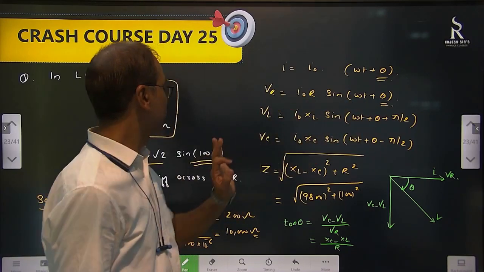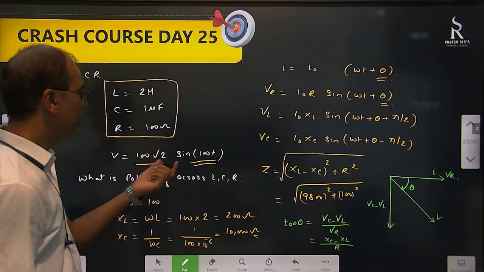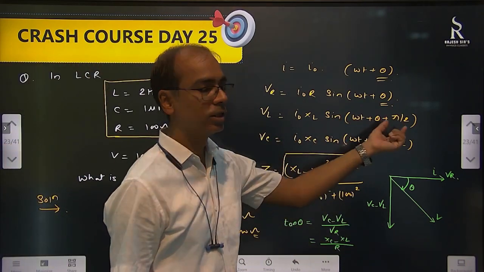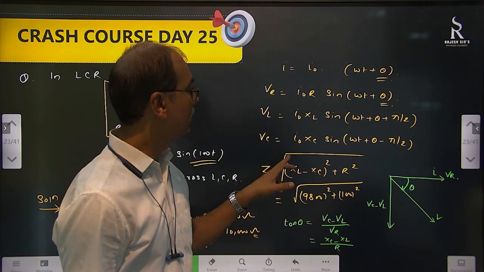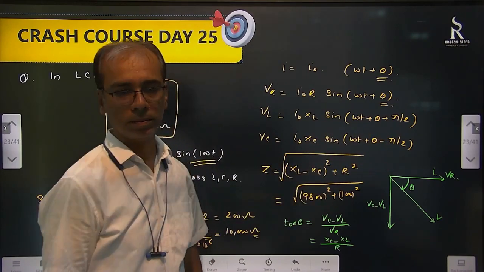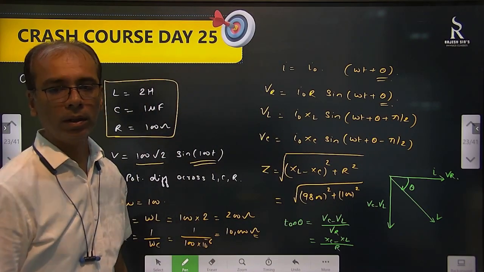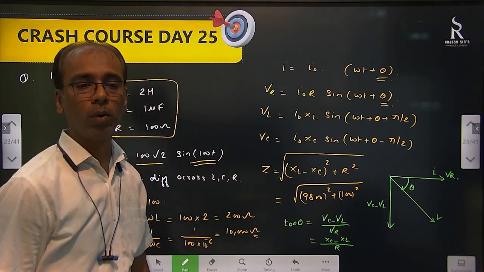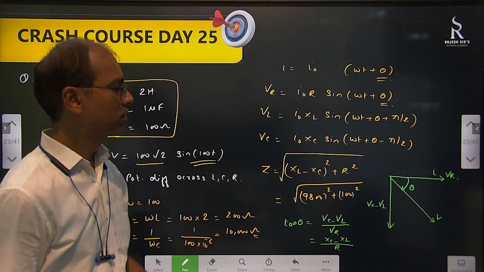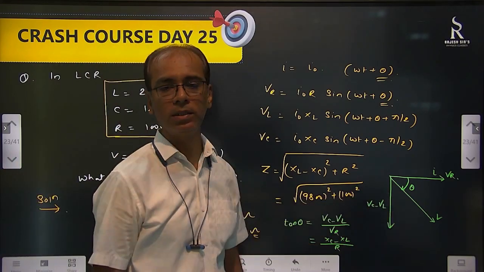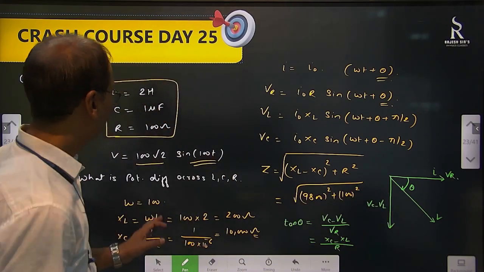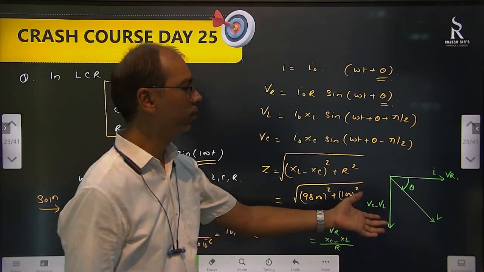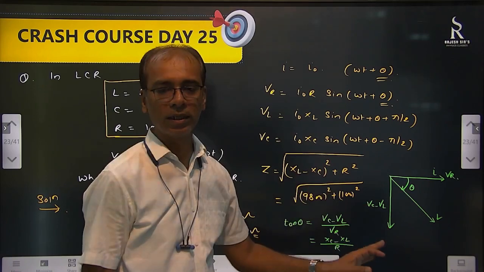What is the phase difference of VL from V? Theta plus pi by 2, whatever theta is coming, plus pi by 2. What about VC? Theta minus pi by 2. So this is how we can easily find out the phase difference. That's why understanding this phasor diagram is important for us. Here I gave you a little awkward value of capacitor. If it had been comparable, we could have found it out, but no issues. We can still calculate it.